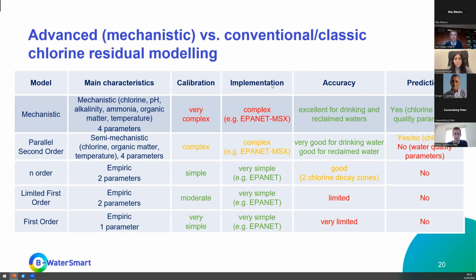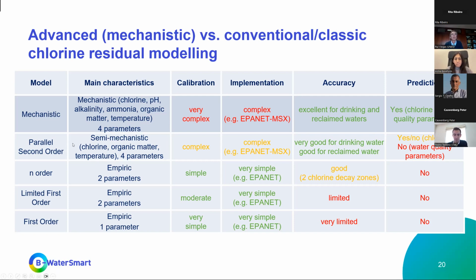And we have this second model that I talked about before, the parallel second order developed by Clark, which is semi-mechanistic. It's also complex to calibrate, not so complex as the previous one because of the number of reactions involved. It's not that easy to implement either. It cannot be done in EPANET, for example.